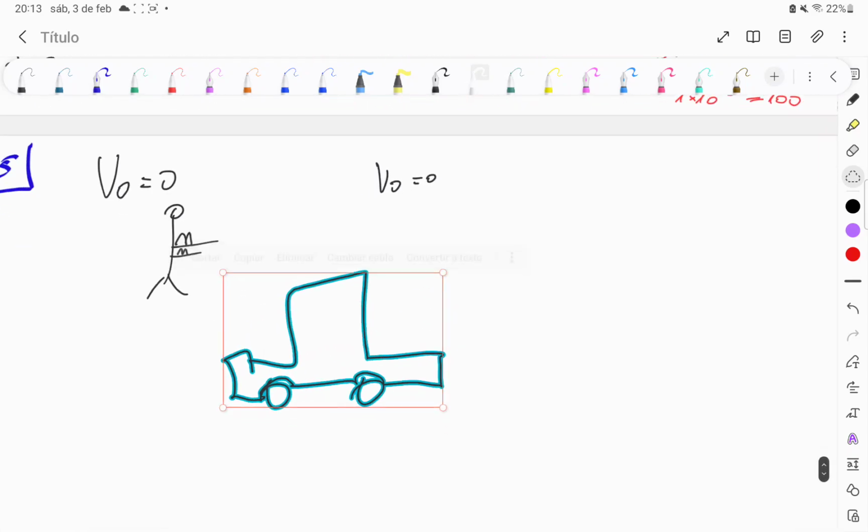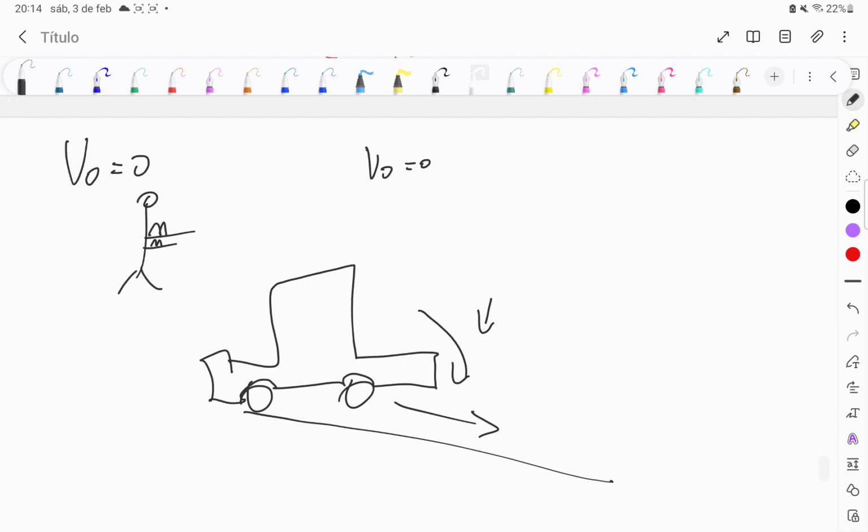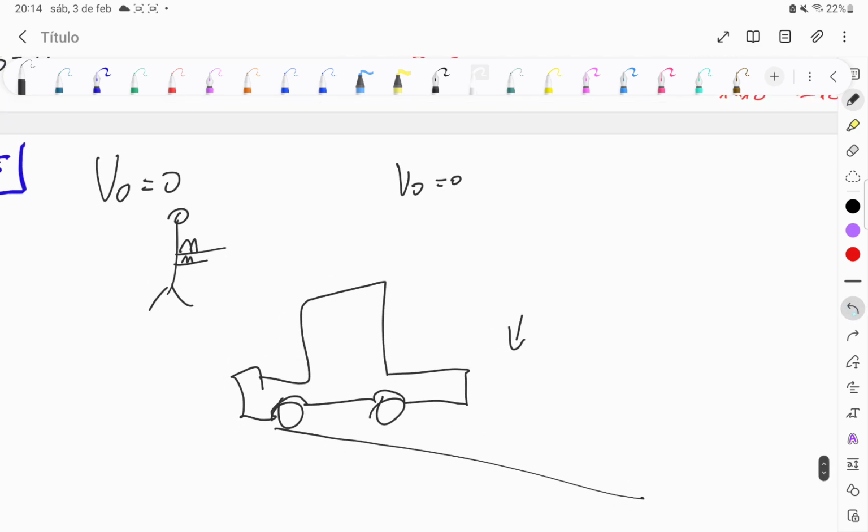Imagine that you have a hill. If the hill is like this, then the gravity is going to make the car go down. So the gravity is applying the force. That's the body that applies the force. In this case, let's say that it is a person.